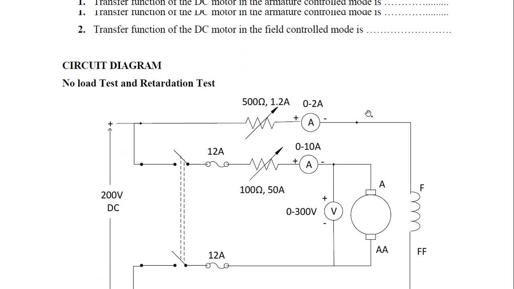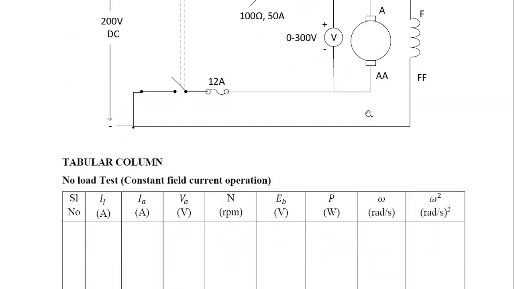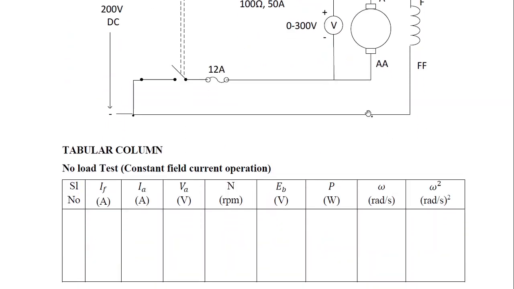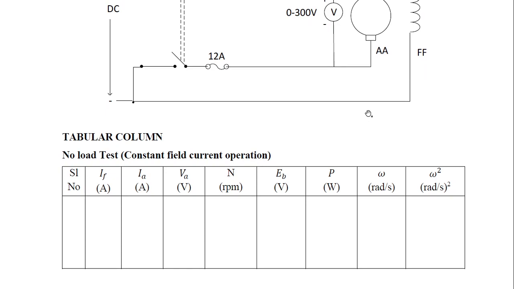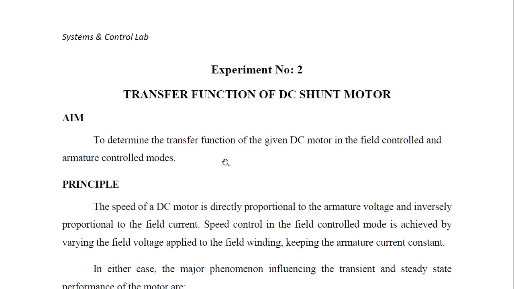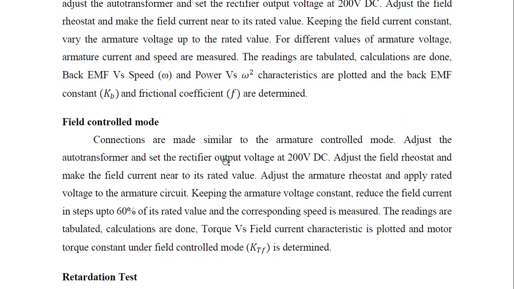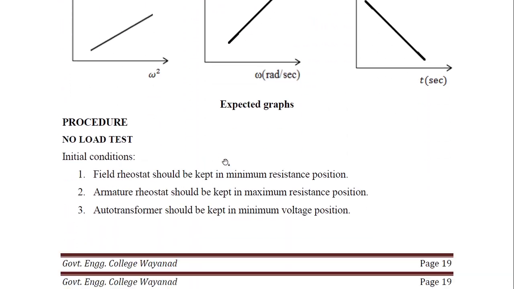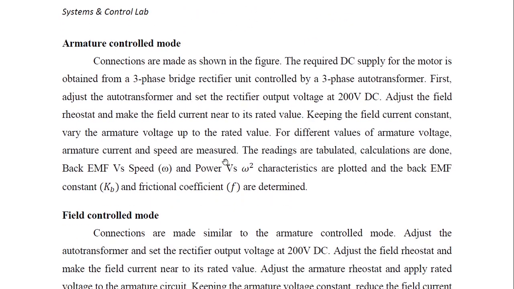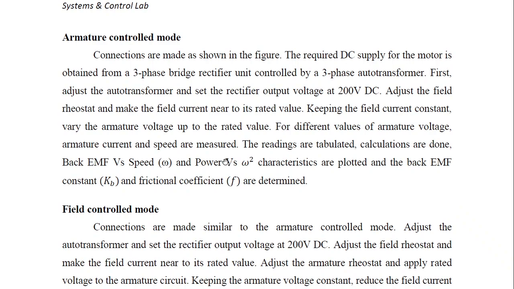Okay, so this is the circuit diagram, and first we will conduct the no load test by keeping the field current constant. That is our procedure for armature controlled mode. Connections are made as shown in the circuit diagram.